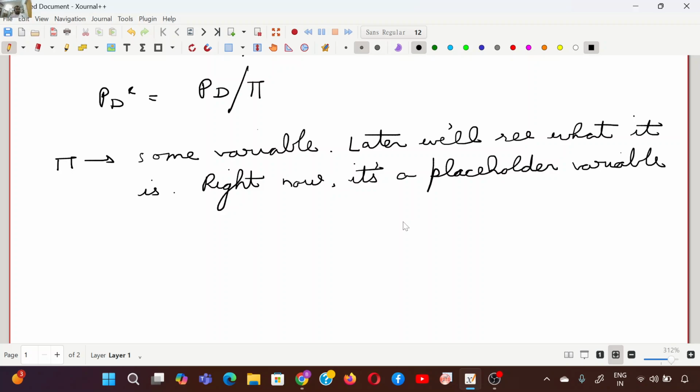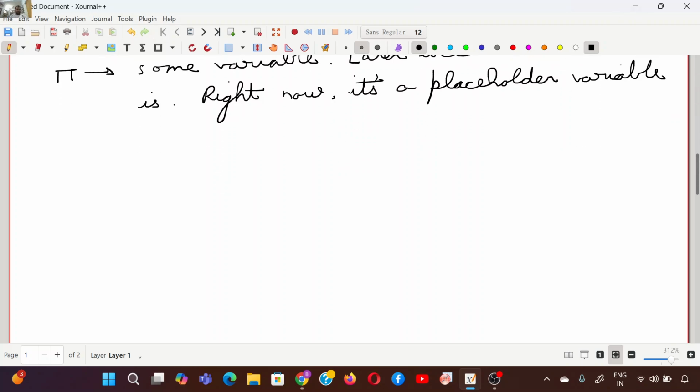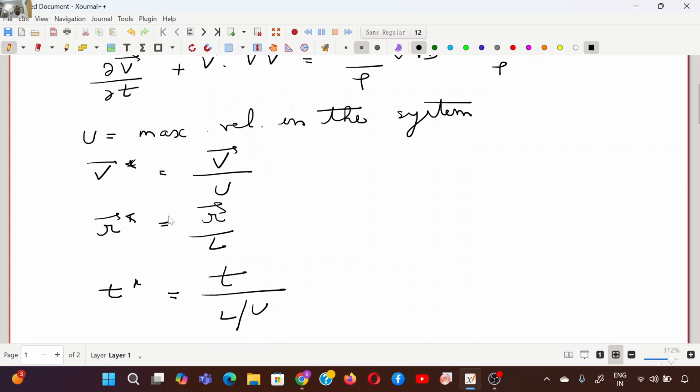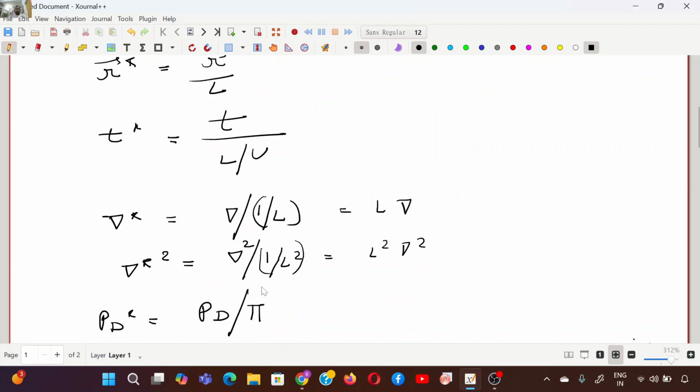So did you figure out how to non-dimensionalize it? See, I'll give you a hint. Say the first term in our Navier-Stokes equation on the left-hand side, it's just dou v by dou t, right? So this dou v by dou t, if you want to write it in non-dimensional form, you know what is v, right? V is U into v star, and t is L by U into t star.